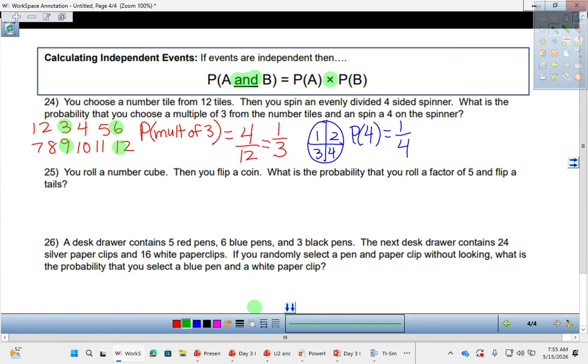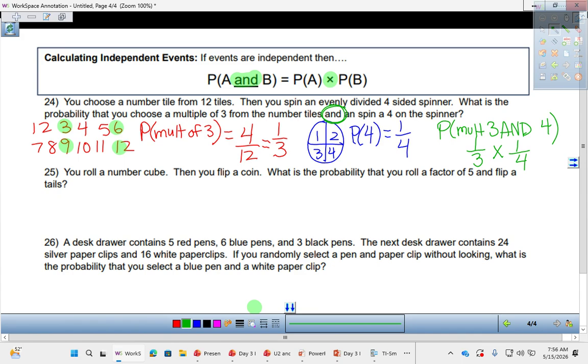So if I want both events to happen, the probability of getting a multiple of 3 and a 4 on the spinner, and means multiply. So I'm going to take the probability of the multiple of 3, which was 1/3, and means multiply. The probability of getting a 4 was 1/4.